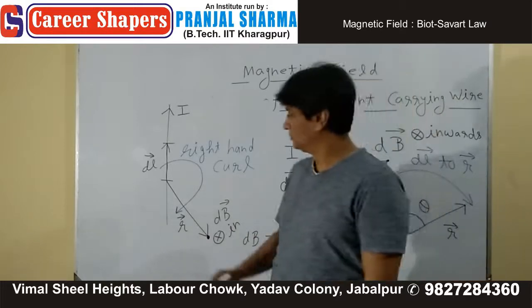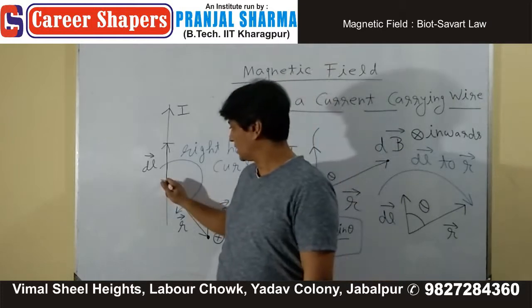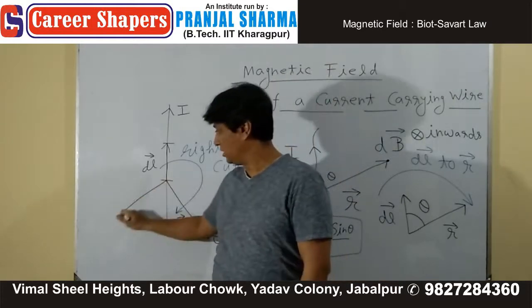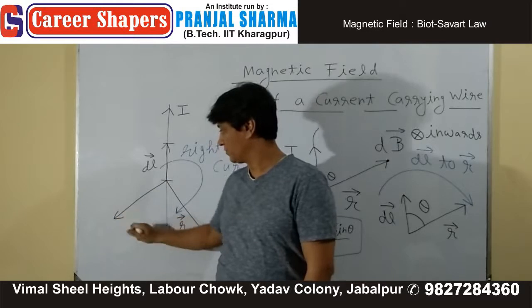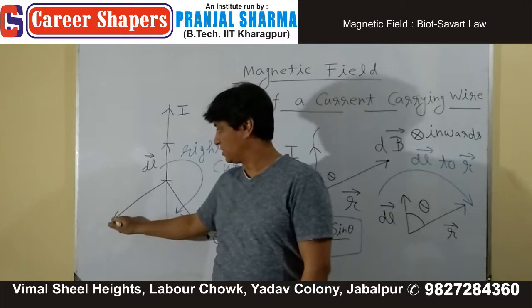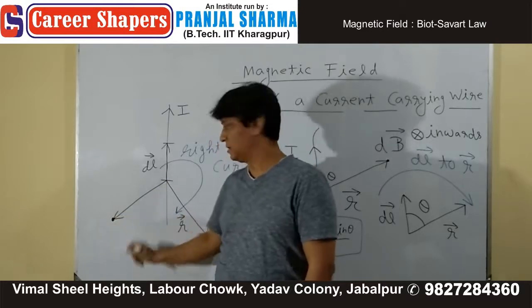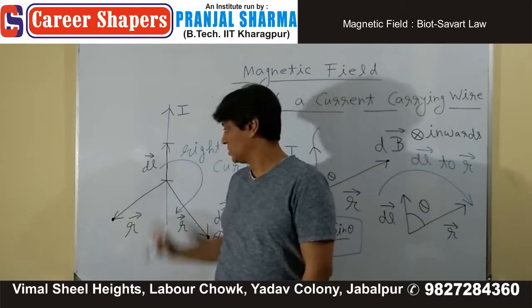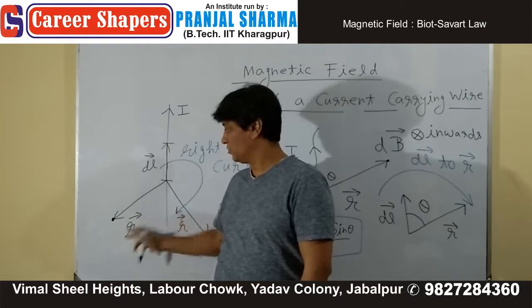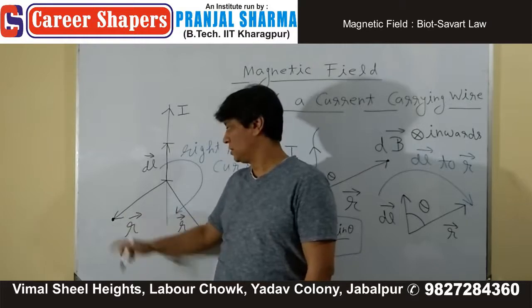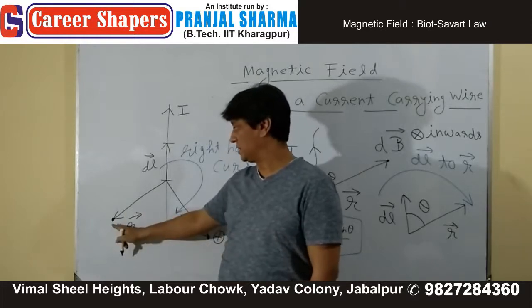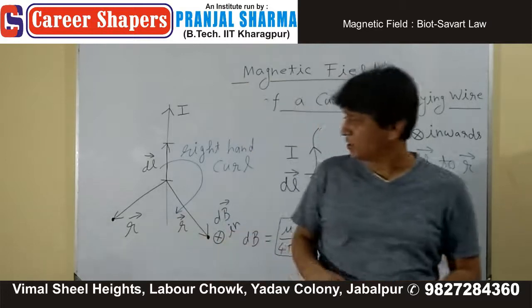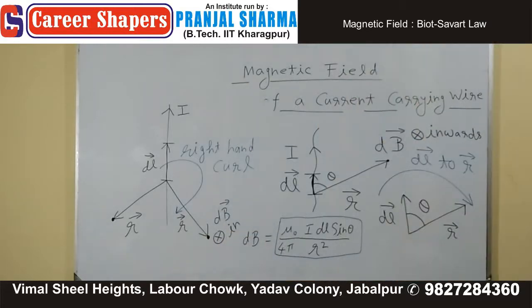Now, get me the direction of the magnetic field over here. If I take a point on this side, this is r for this new point. What is the direction of the magnetic field at this point? Write down the answer in the comment box.